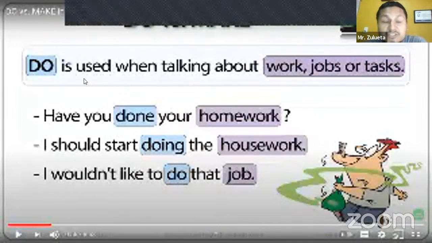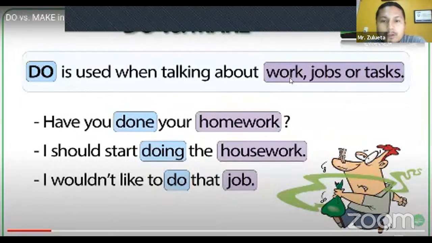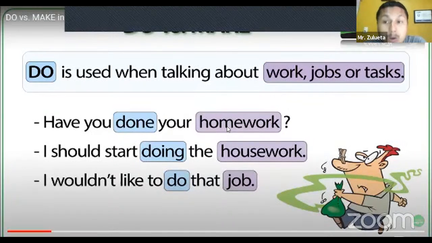Okay, so let's concentrate on the verb do. I use it for expressions about work, jobs, or tasks. Here is a task: a homework is a task, is an activity. Well, not a chore, chore is a quehacer, okay? Housework is a synonym for chore.